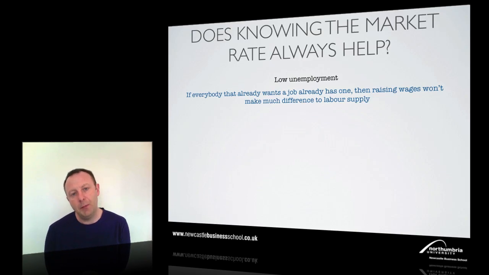For example, there may be situations where labour markets are very, very tight, where there are very low levels of unemployment. Now, in that kind of situation, because really what you're talking about is simply frictional levels of unemployment, people are moving in between organisations, which makes the labour market much more sticky, much less fluid, because we're in a situation where virtually everybody that wants to work is working.